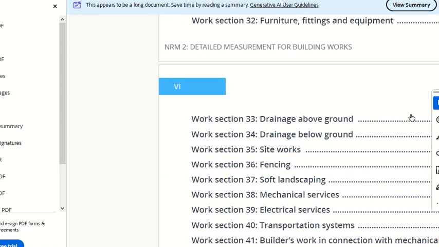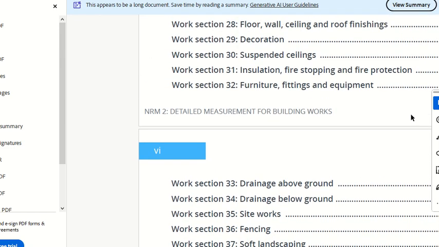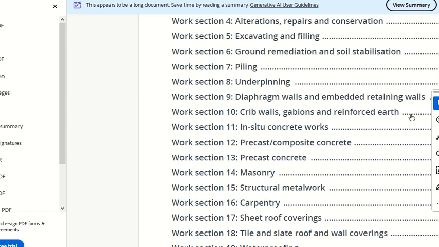Somebody wrote foundation. Who was that in the list? Two of the groups. Foundation was 7. Foundation was where? Piling. Six.